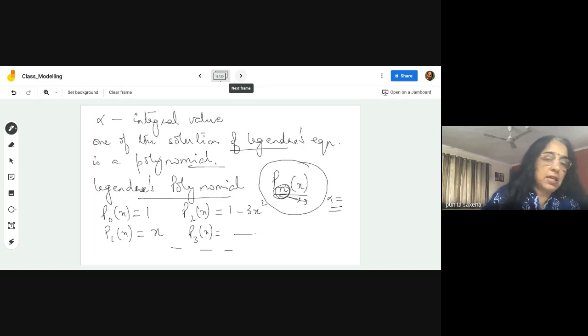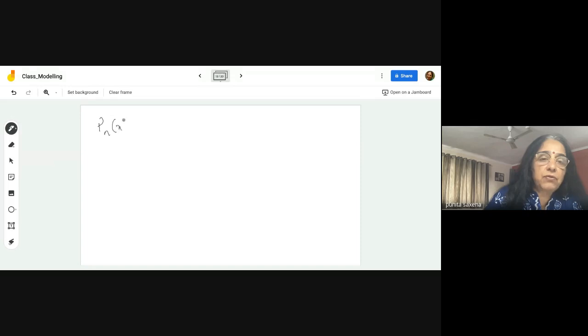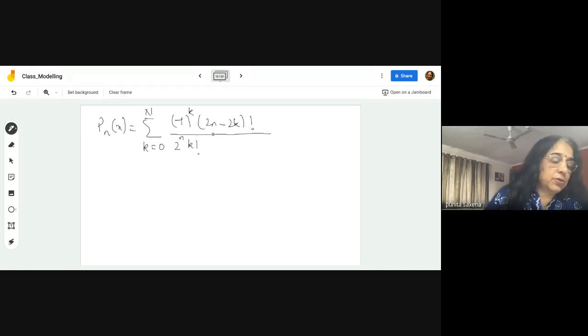In the book, they have given the generalized formula for P_n(x) as summation k from 0 to N, I'm just writing it, I'll explain every term here and how we are going to derive it, of (2n minus 2k) factorial upon 2 to the power n, k factorial, (n minus k) factorial, (n minus 2k) factorial, times x to the power n minus 2k.